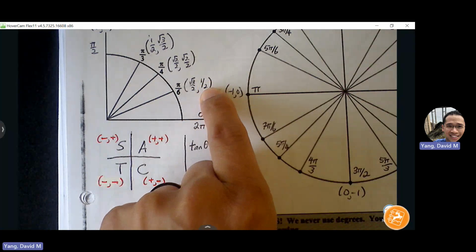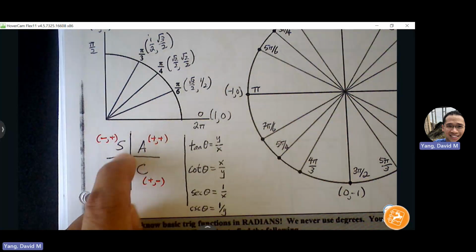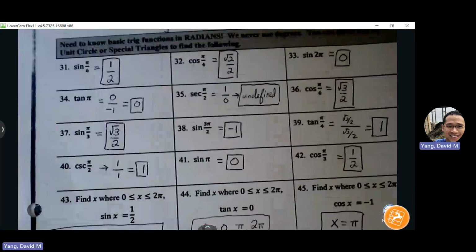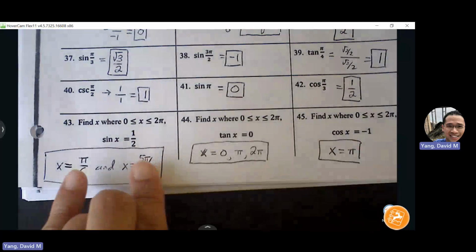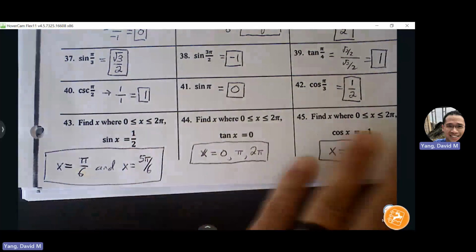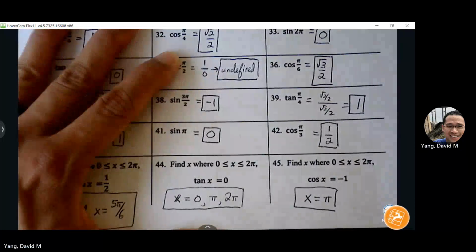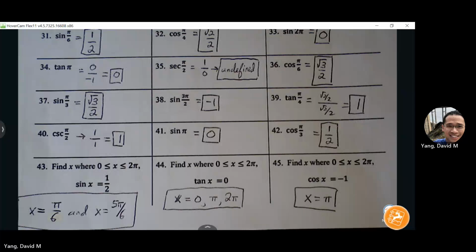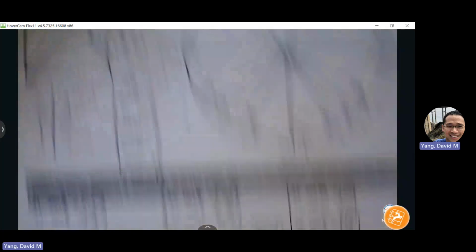The second quadrant variation of pi over 6 is 5 pi over 6. So I have those solutions, and they both fall nicely within my interval from 0 to 2 pi. Okay, any questions with this page?